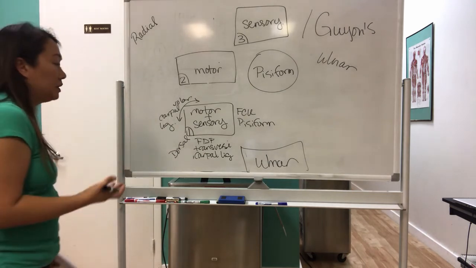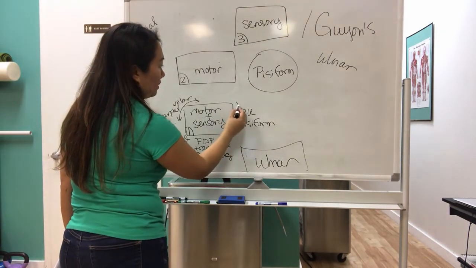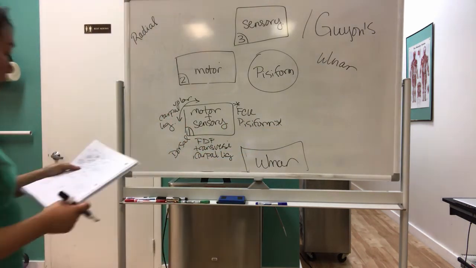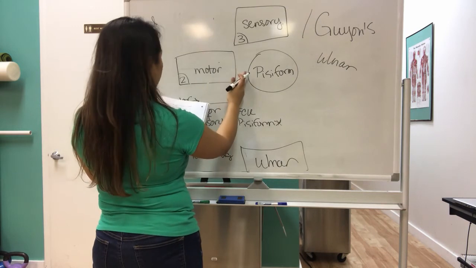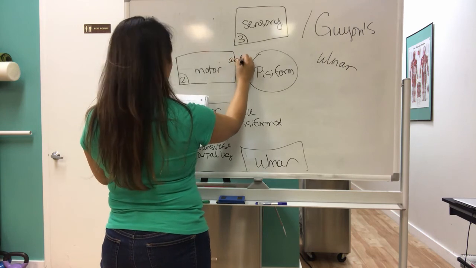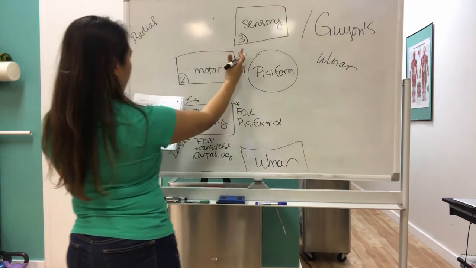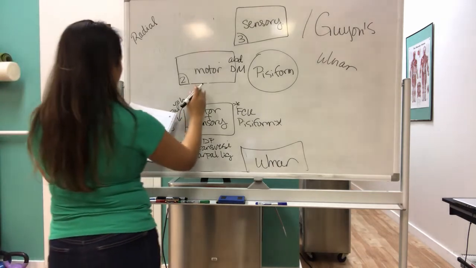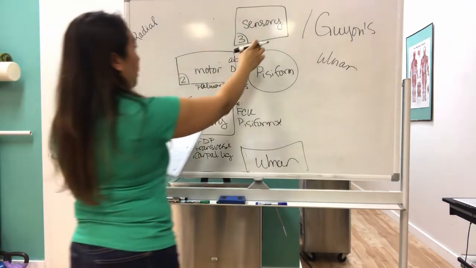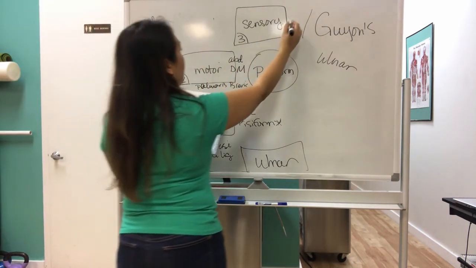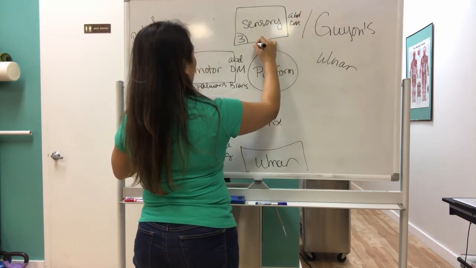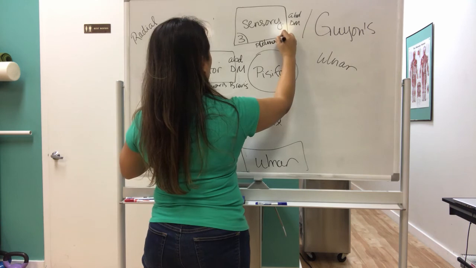So I think really the most important thing to know is what muscles run by it. On the motor side, you're going to be flanked ulnarly by the abductor digiti minimi. And then on the dorsal side is going to be your palmaris brevis. And then over here on the third one, you also have your abductor digiti minimi and your palmaris brevis.